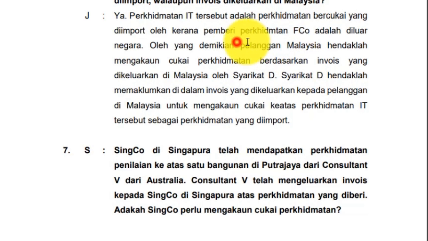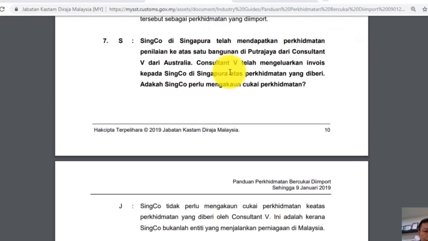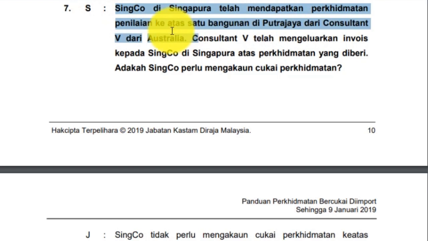That's why the Malaysian customer needs to account for that taxable service, calculate the amount, declare and make the payment.